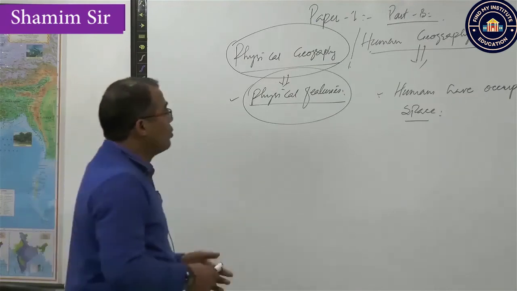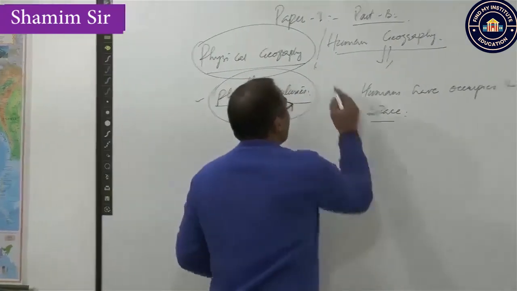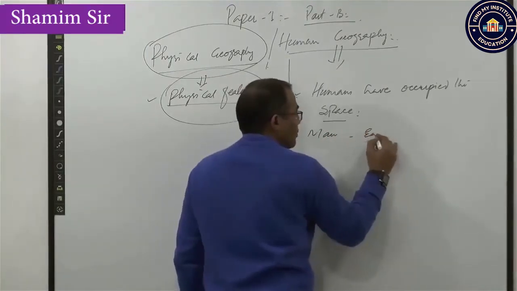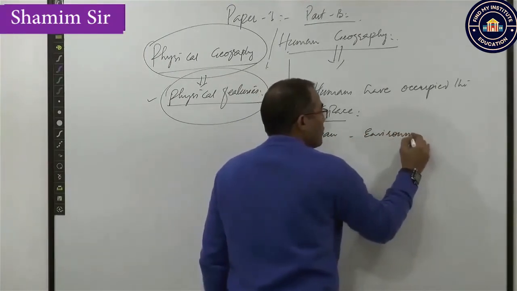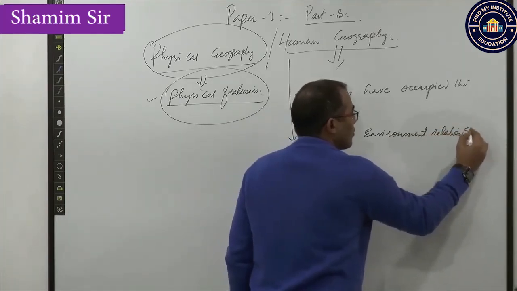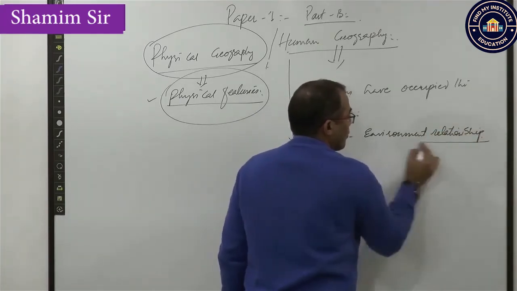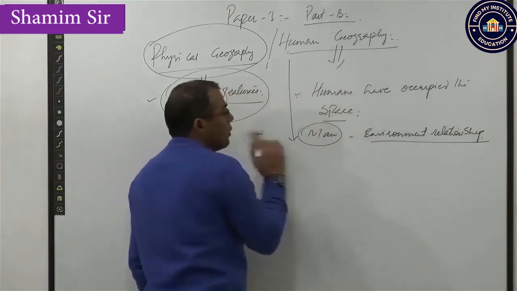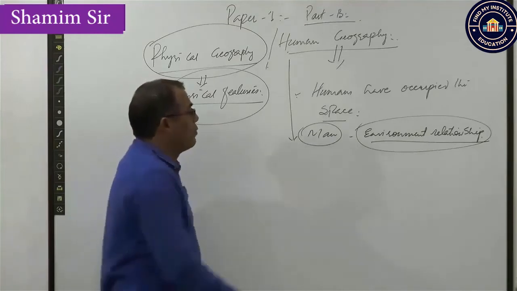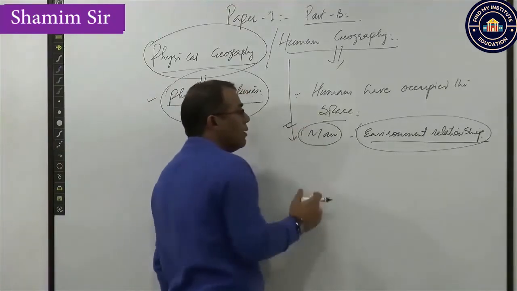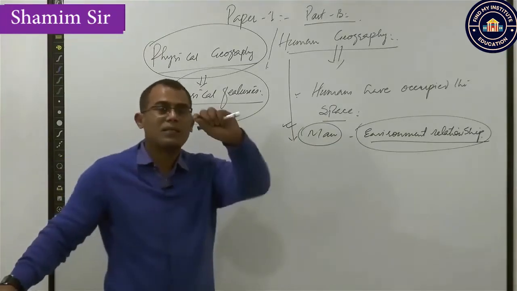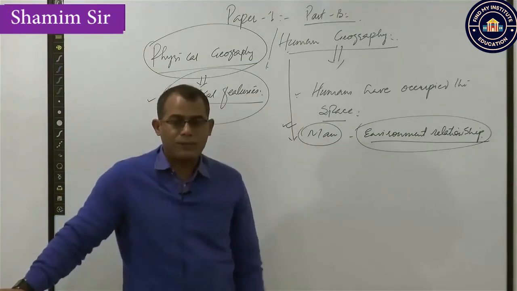When we talk about human geography, actually here we deal with the man-environment relationship. Now, what is the role of a geographer? For example, if we are purely talking about man, such as the evolution of races, that becomes an integral part of anthropology.